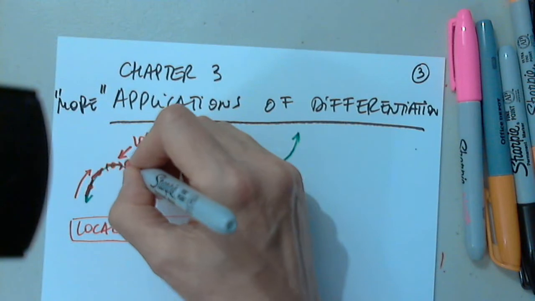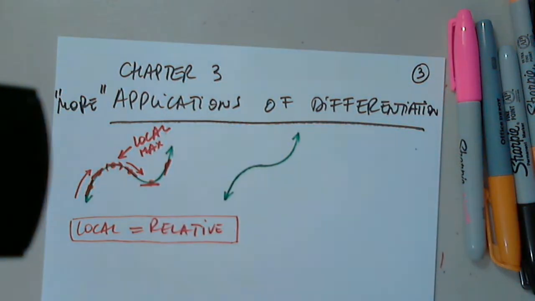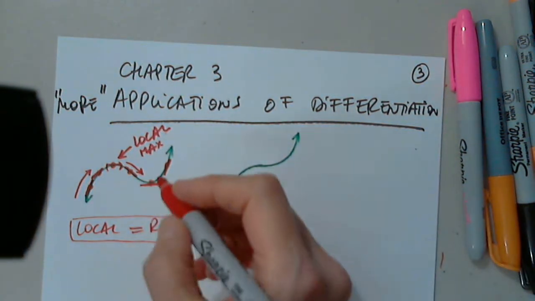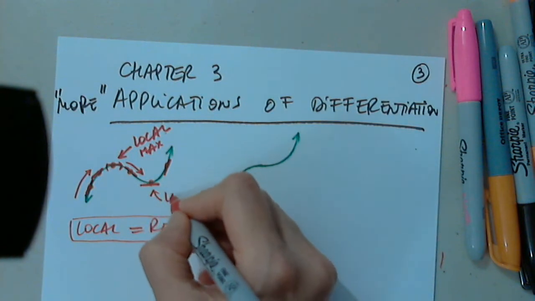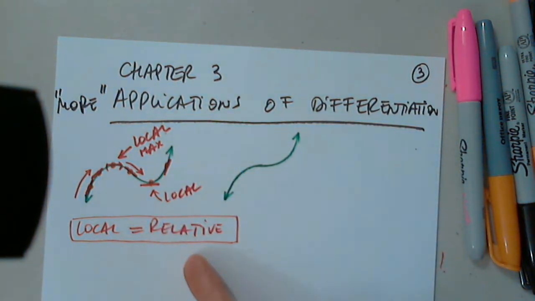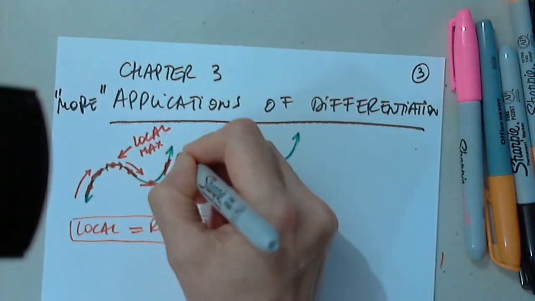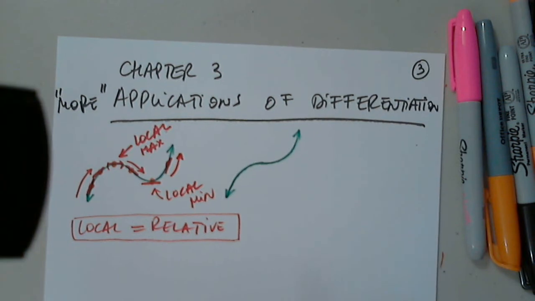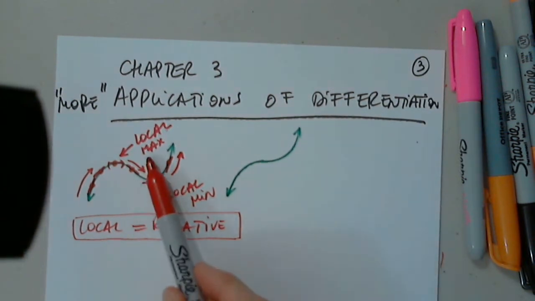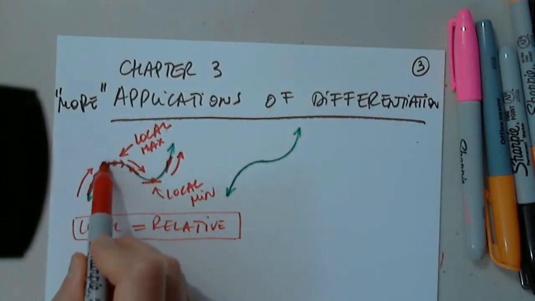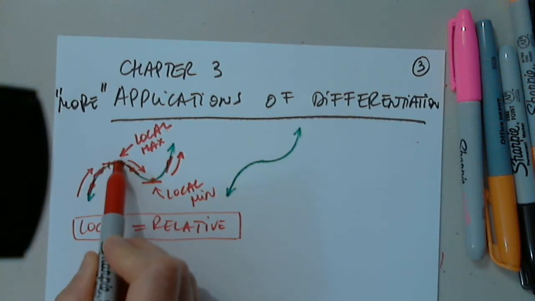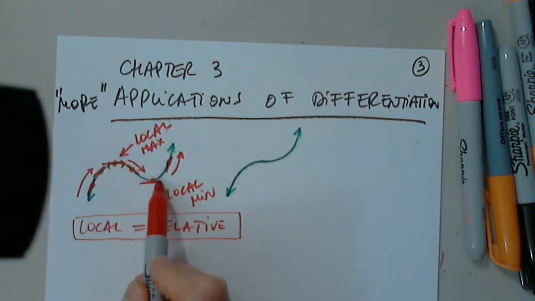Would you agree that then the function decreases to something we call a local or relative min? And then increases. Let's notice what happens at the local max and local min. What is the slope of the tangent at a local max? What is the slope of the tangent at a local min?